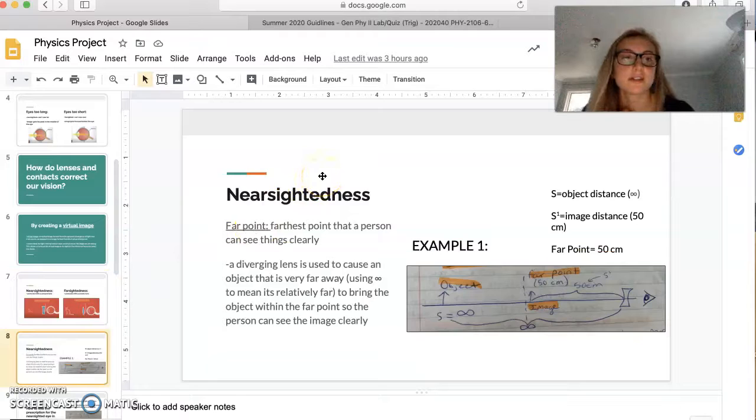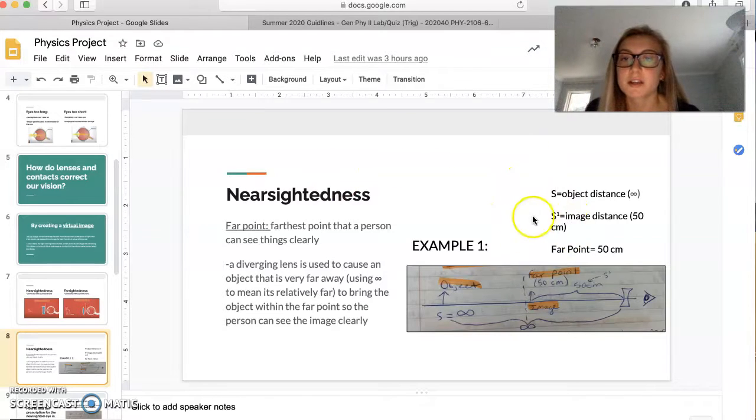So this is how we find someone's prescription based off of how far they can see. In nearsightedness, the far point is the farthest point that a person can see things clearly. A diverging lens is used to cause an object that is very far away, using infinity to mean it's relatively far, to bring the object within the far point so the person can see the image clearly.